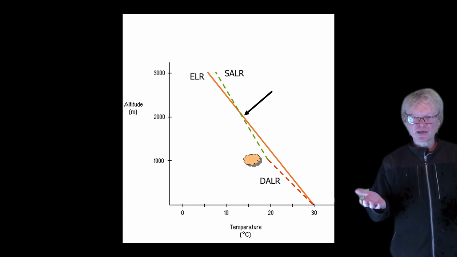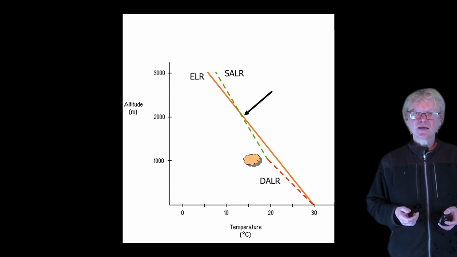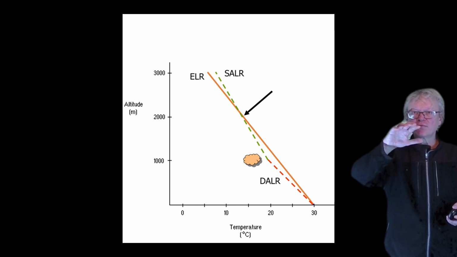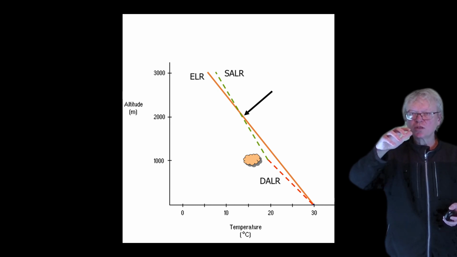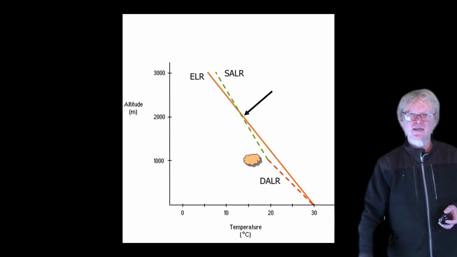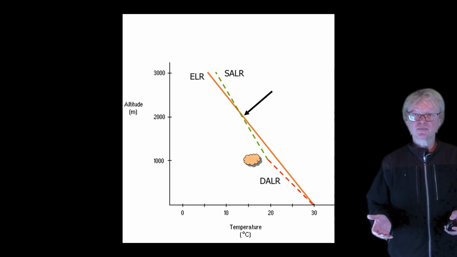If that mountain was only, let's say, 1,200 meters high, so the air got up to 1,200 meters, even if it had formed a cloud, it still wouldn't be warmer than the surrounding atmosphere, so it would fall back down.